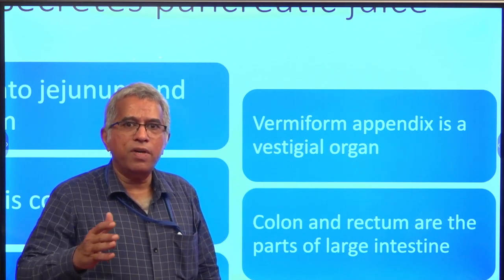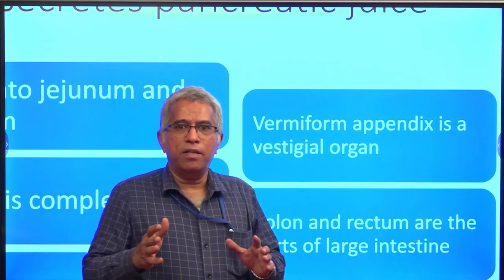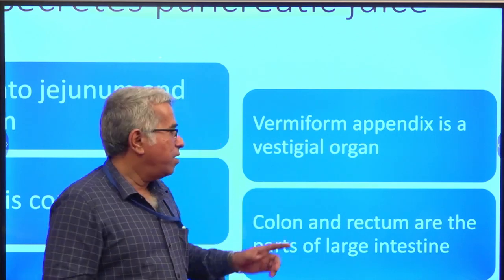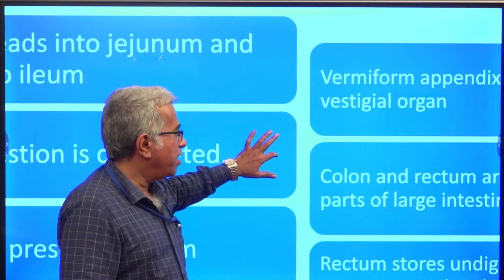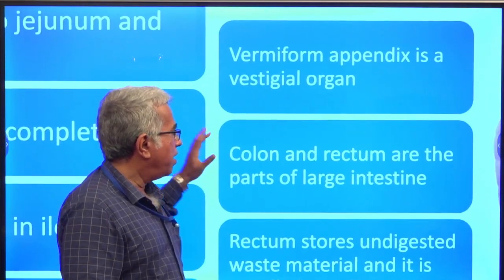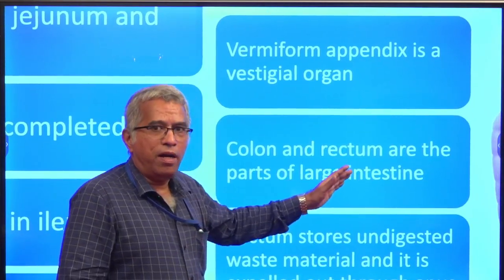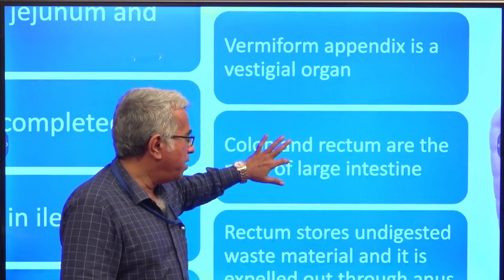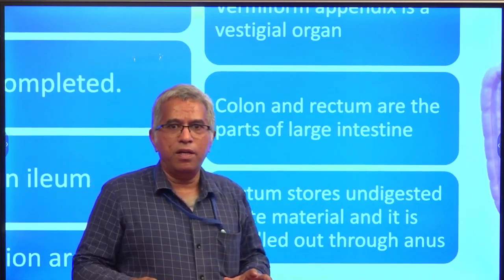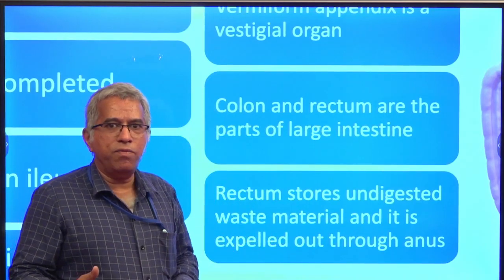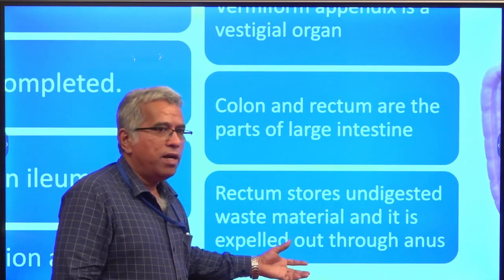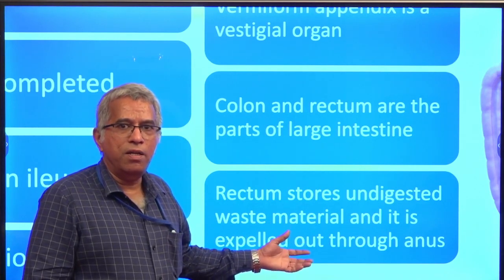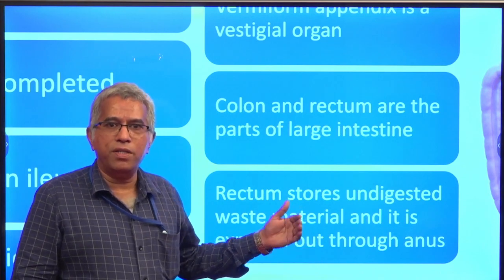The undigested waste materials, that means the materials that are not digested by any enzyme, will enter the next part, that is the large intestine, namely colon and rectum. The rectum stores the undigested waste material for some time. Later, it expels this undigested waste material through the anus. This expulsion of undigested waste material through the anus is called egestion.